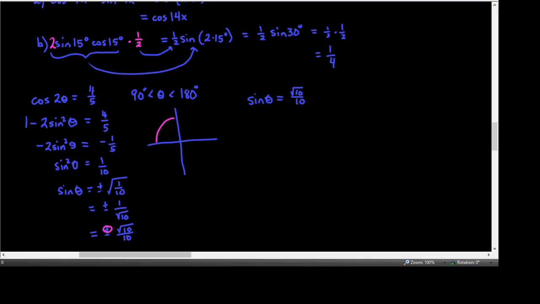Okay. Now, to find cosine, we have some options that we can use. I think what I'm going to do is I'm going to use this version, and it is still positive, by the way, and I'm going to call that y over r, because that's what sine of theta is. And so I'm going to let y be 1.